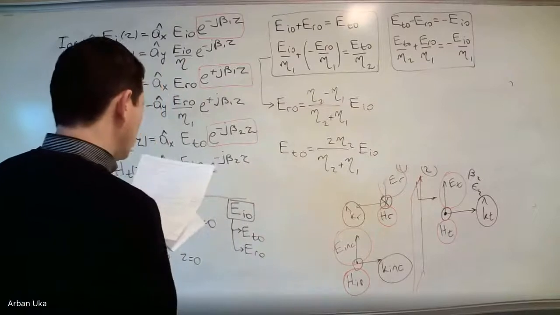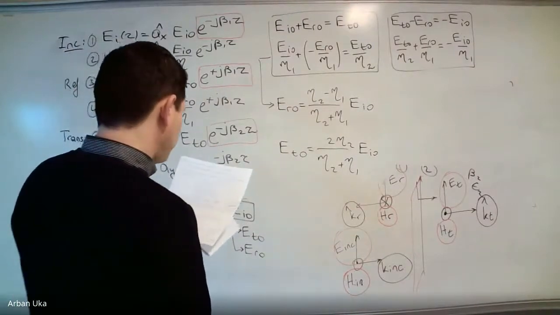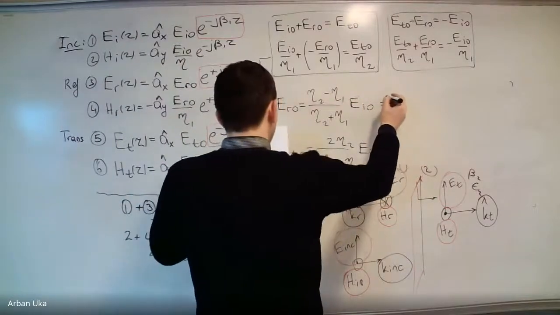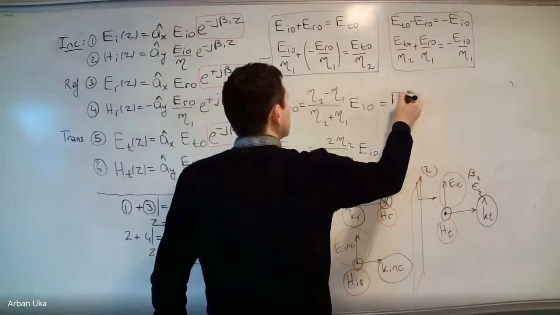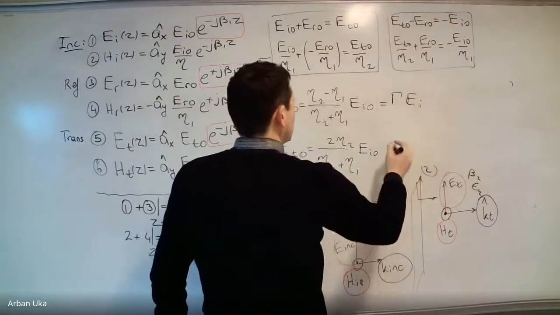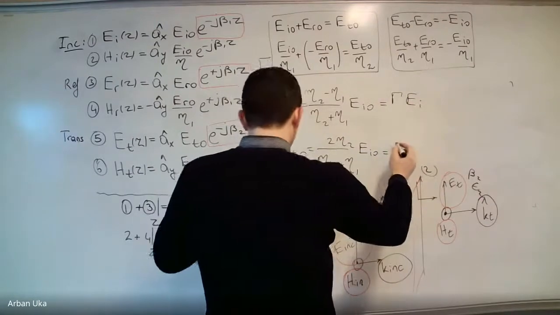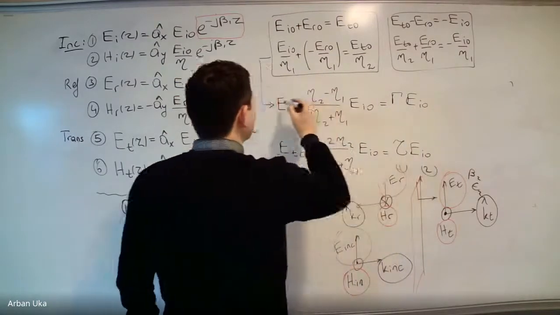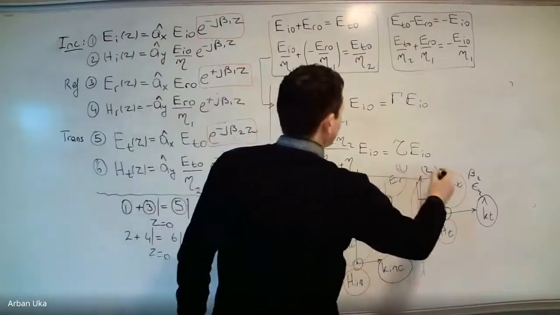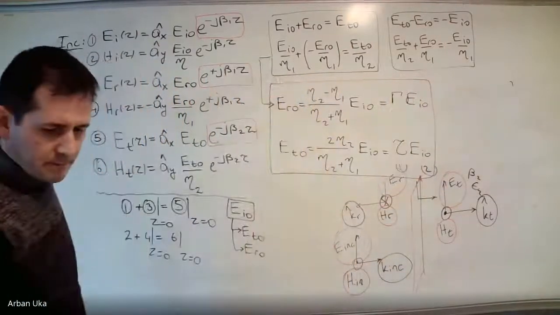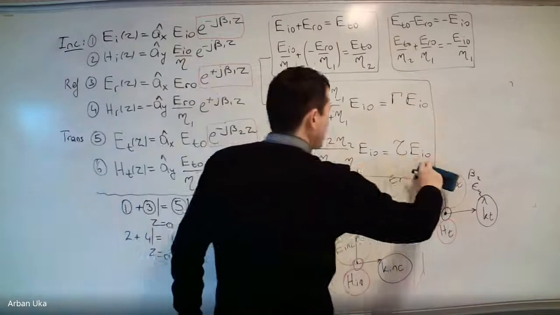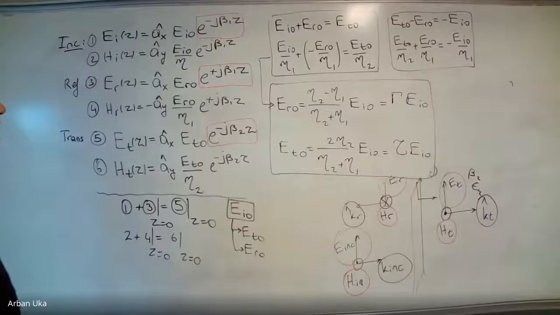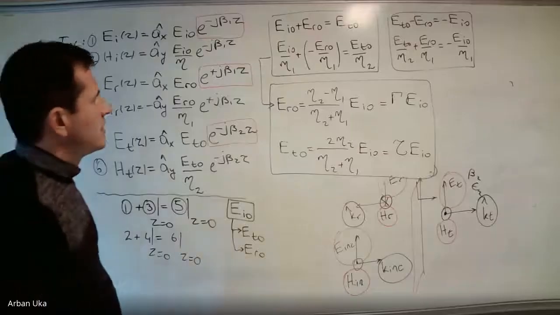Now, the first component we can write as the reflection coefficient times EI0, and this is equal to the transmission coefficient, which we write with the tau, times EI0.